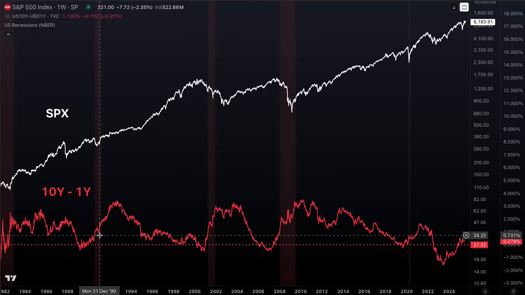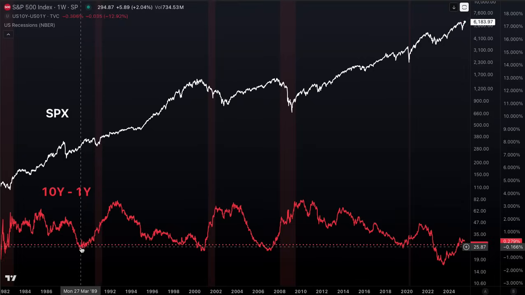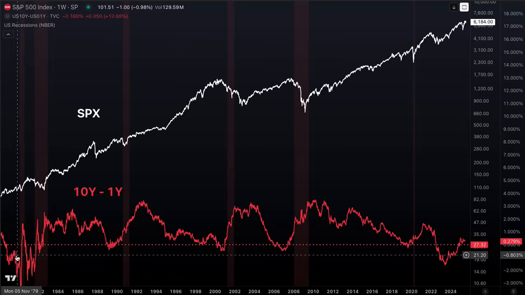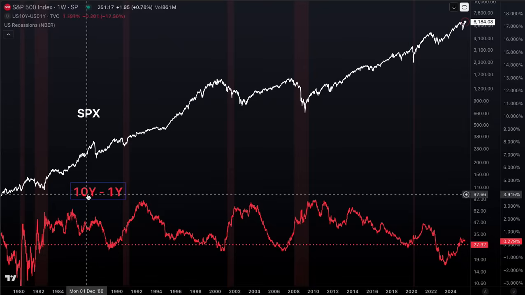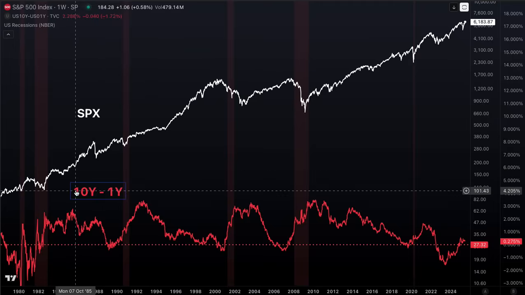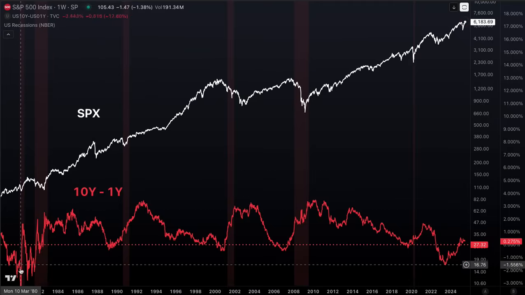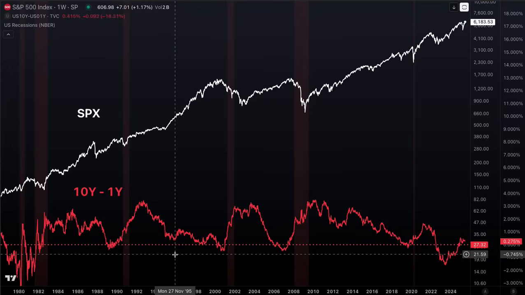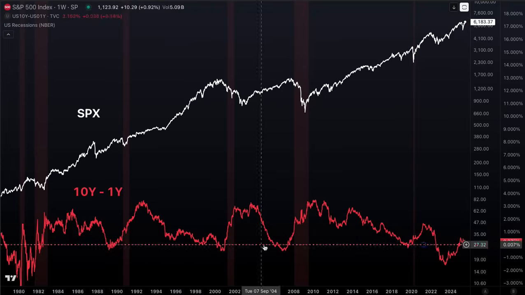The inversions, these inverted yield curves that people talk about, are a very good signal for a recession, right? The yield curve has inverted, gone actually negative, where you're getting a higher interest rate at the short duration than you are at the long. It has inverted before every single recession. You can see that going back at least to the 70s.